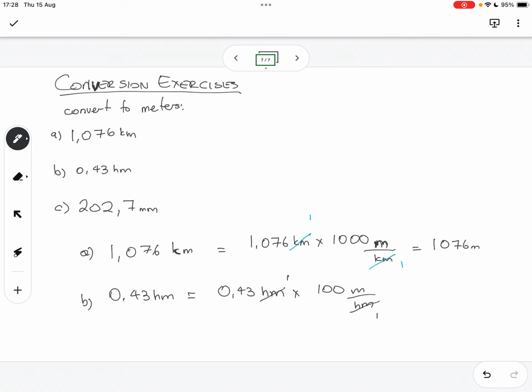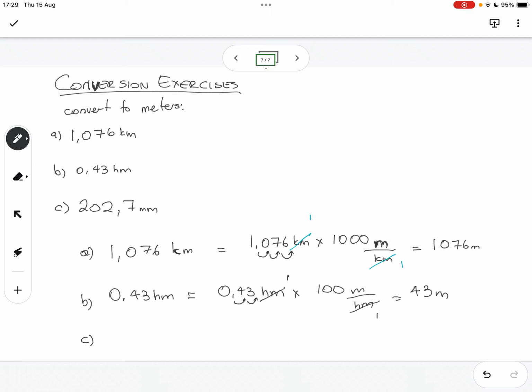Now those two divide each other out to give 1, and the comma here, so 1, 2. So here the comma would shift 2 times, and I'm left with 43 meters. Is that what the answer is? Yes, it is. All right.